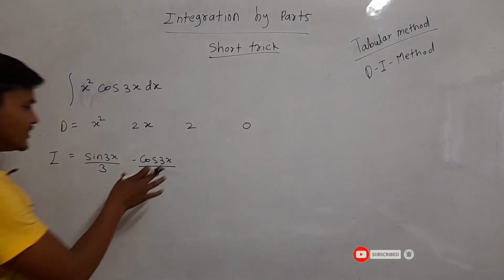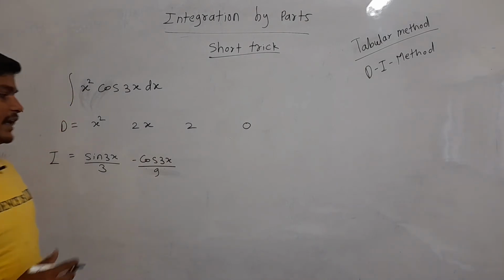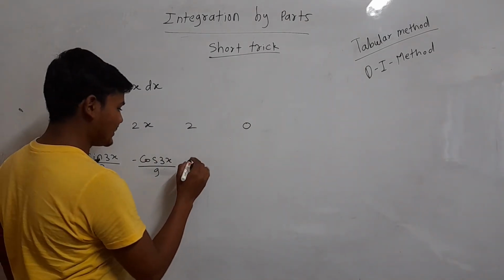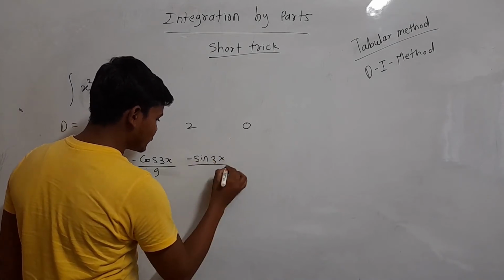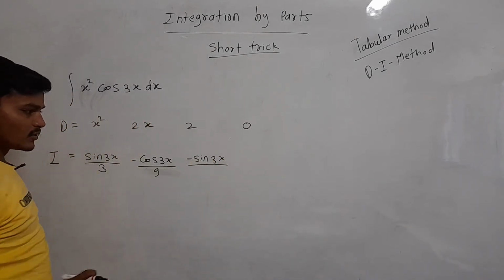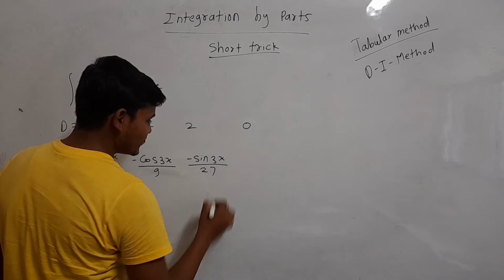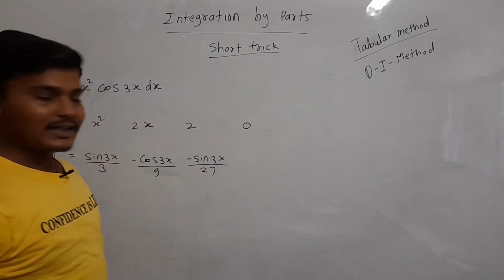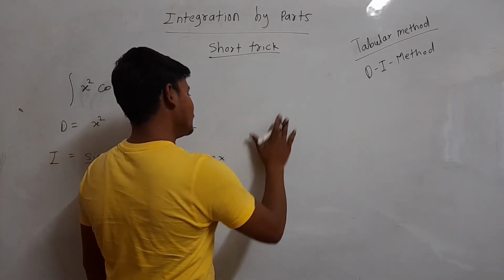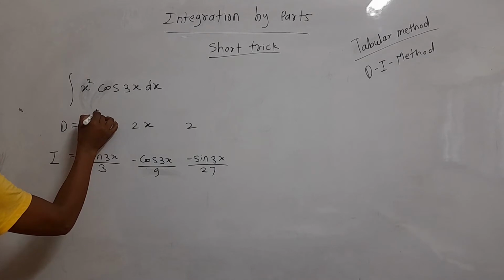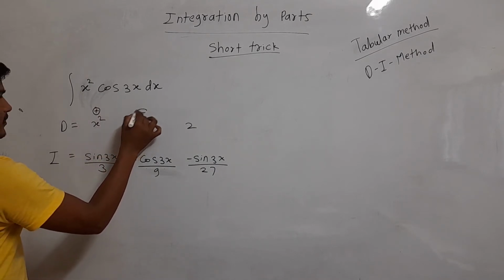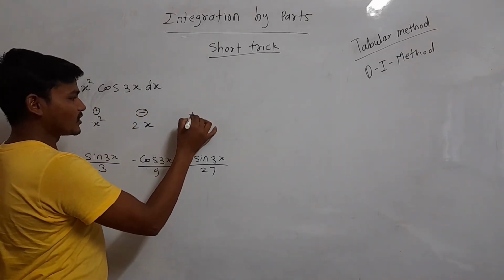Integrating again, cos 3x by 9 gives minus sin 3x by 9 into 3, that is 27, and anything multiplied by 0 will be 0. Okay. Now multiply; these signs are very important.